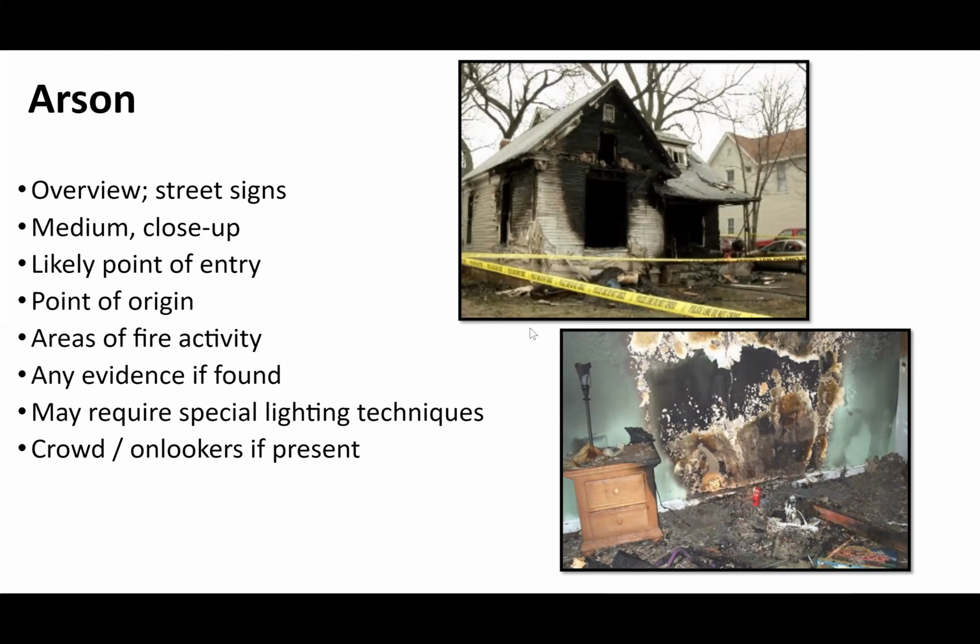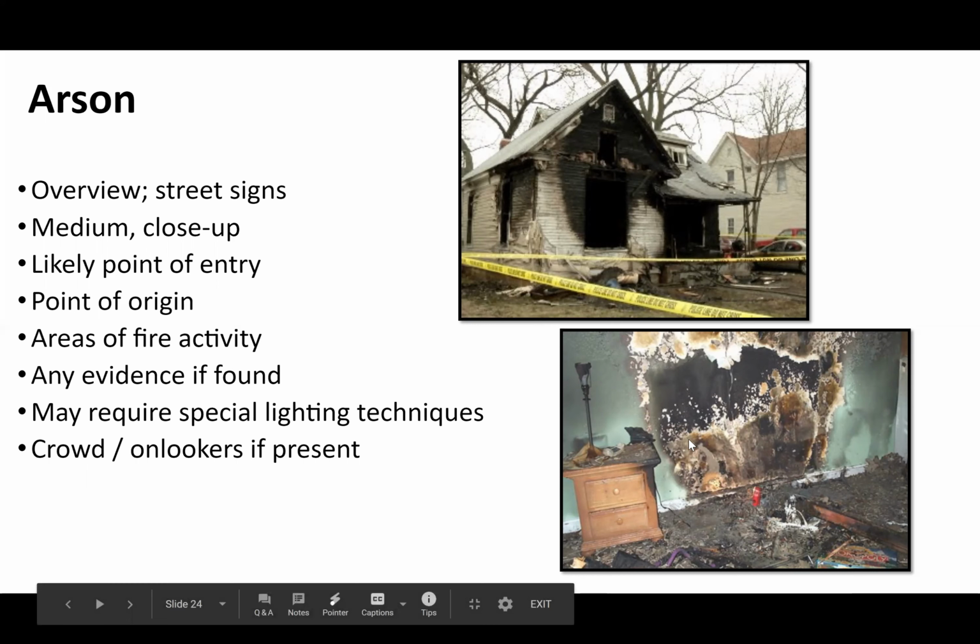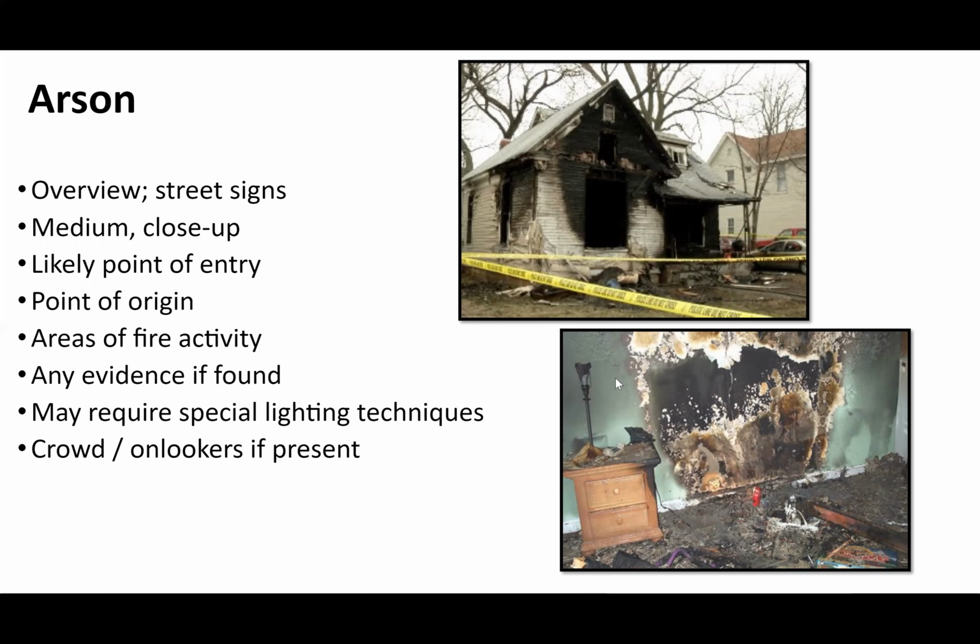Arson photographs: you have the overview, which includes street signs, a medium, and then a close-up view. Try to get the likely point of entry and the point of origin. So this is a point of origin photograph, and you could tell that because of this kind of V shape on the burn pattern here. It's the point of origin of the fire.